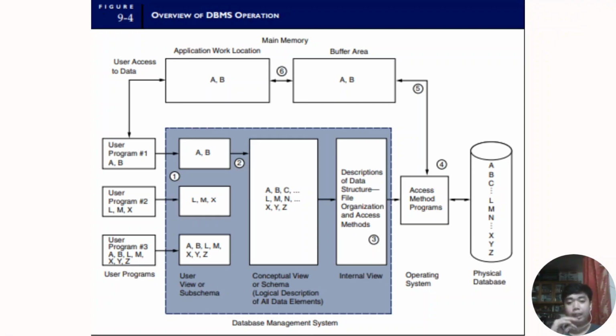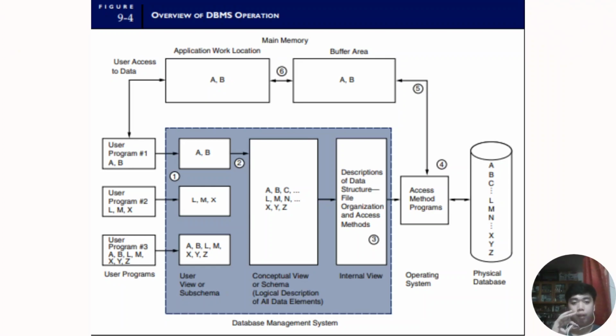So, in understanding these views, let us now take a closer look at how they function within the database management process. So, the DBMS operation involves several steps that elucidate the roles of these views.